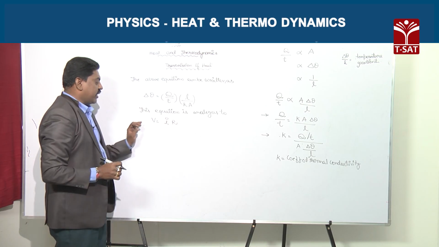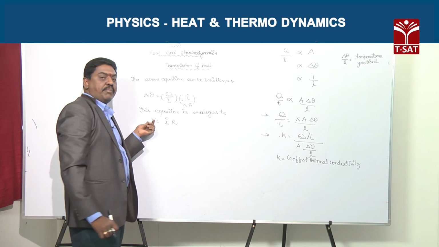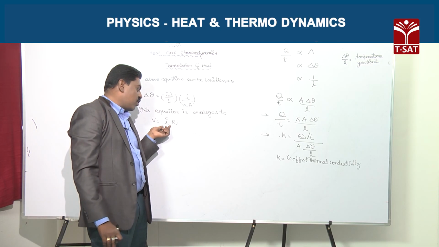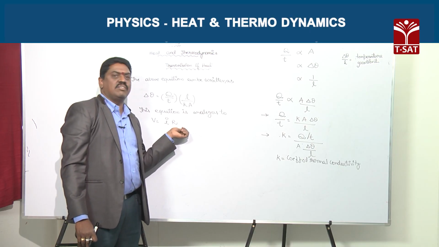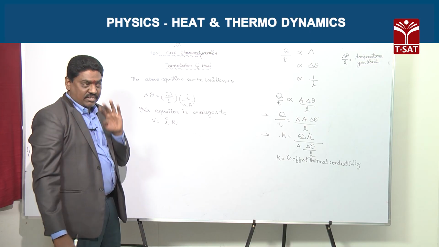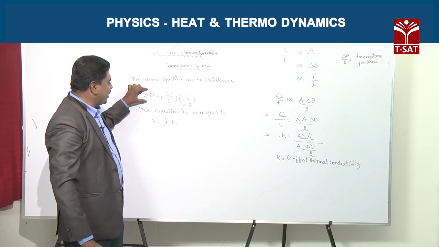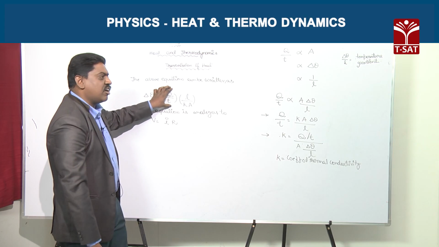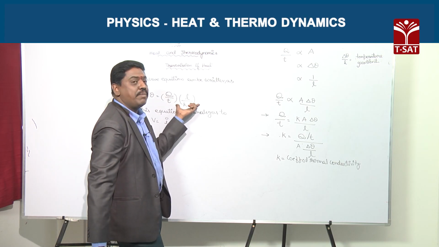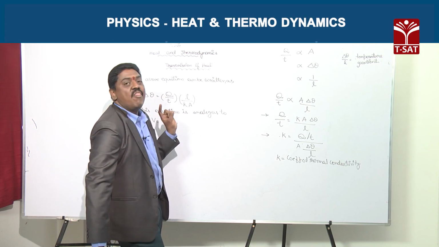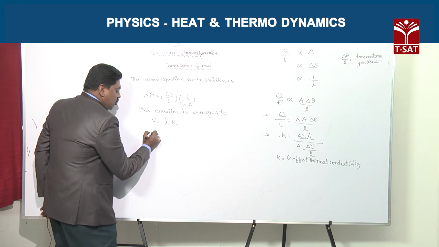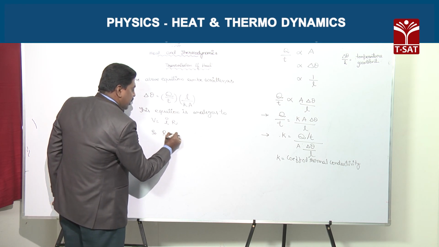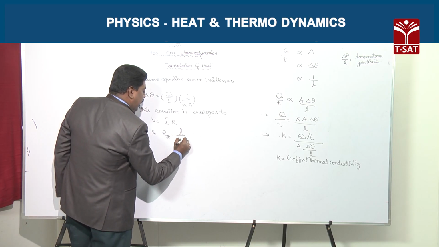Here, in the case of V equals IR, V represents potential difference, I represents rate of flow of charge, R represents electrical resistance. In the same manner, delta theta represents temperature difference, Q by T represents rate of heat flow, and L by KA represents thermal resistance. So, thermal resistance RTH is given as L by KA.